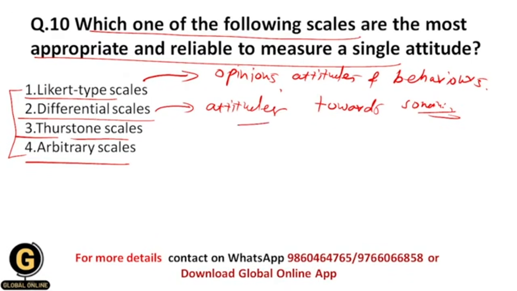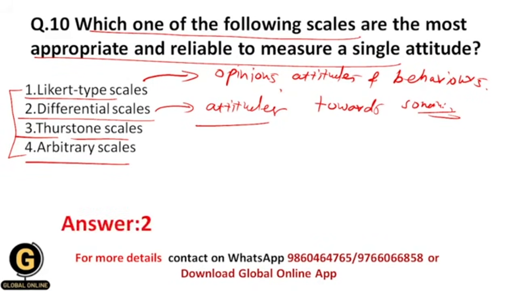If you want to measure a single attitude of a person toward something, the differential scale is the most appropriate and reliable way.